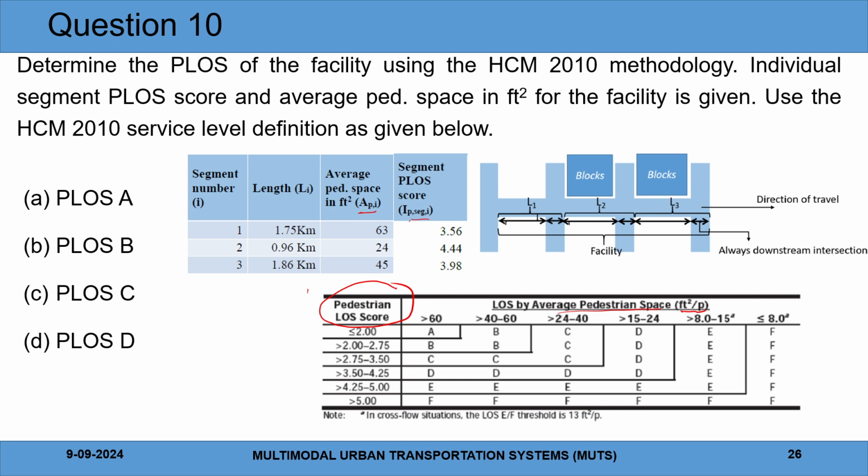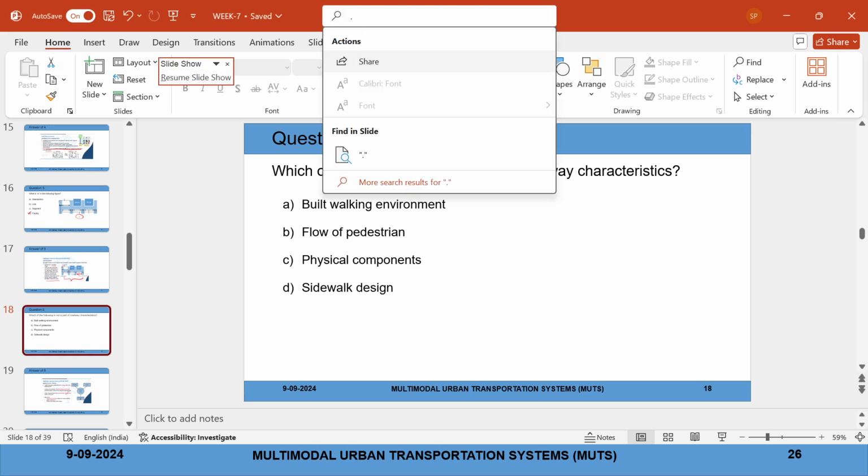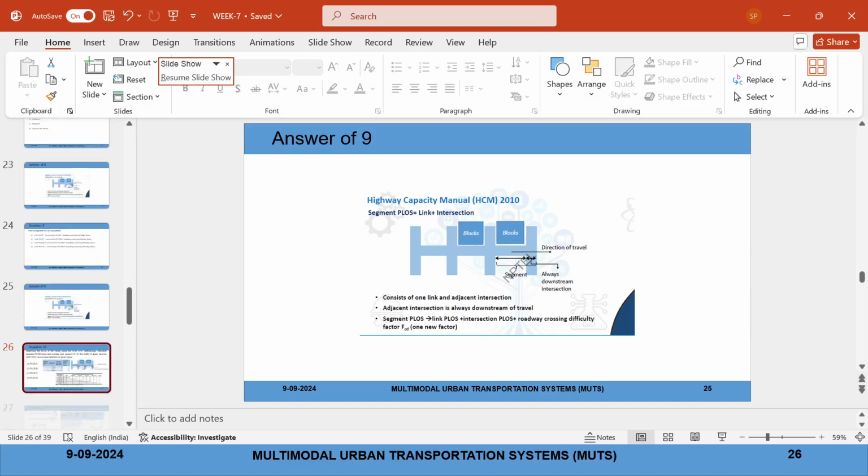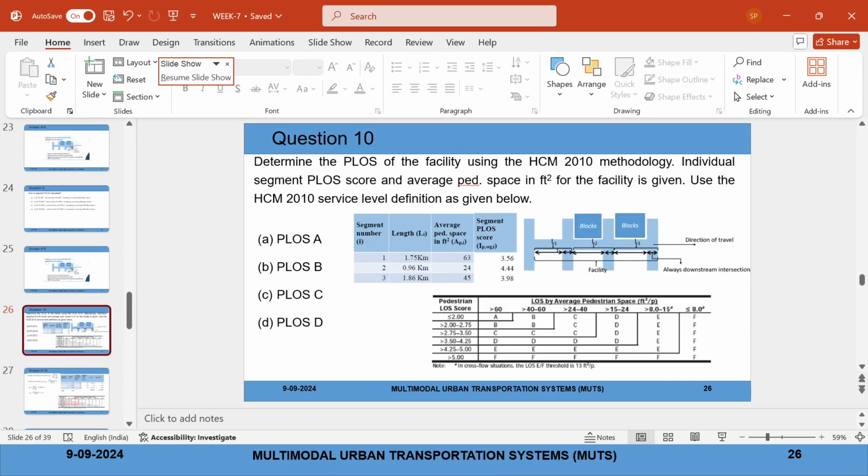So this pedestrian LOS score you need to calculate, that is IPF, and LOS for average pedestrian space, these values are APF. This is for the total facility.